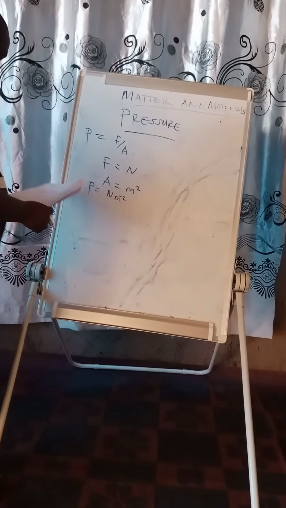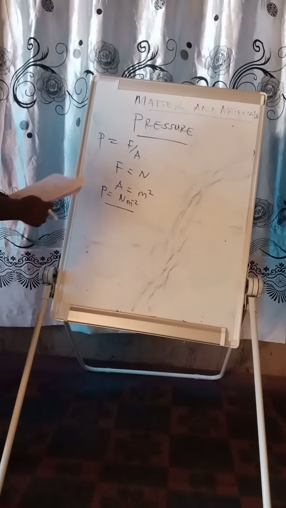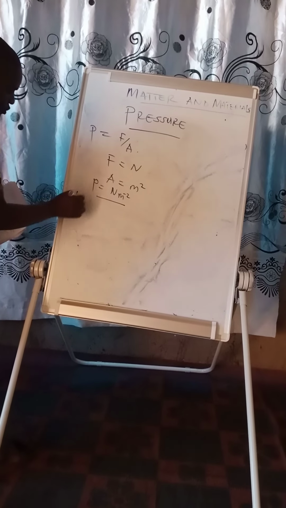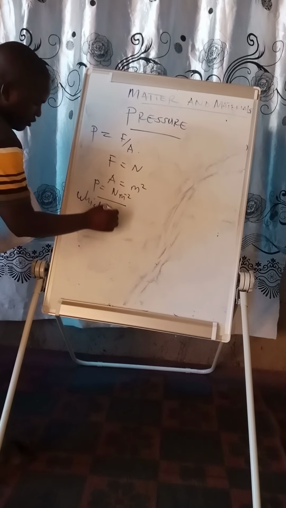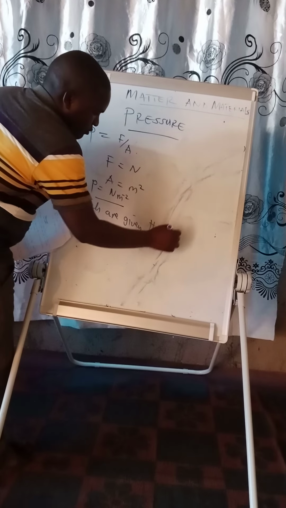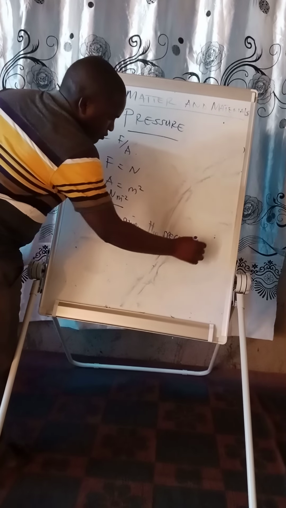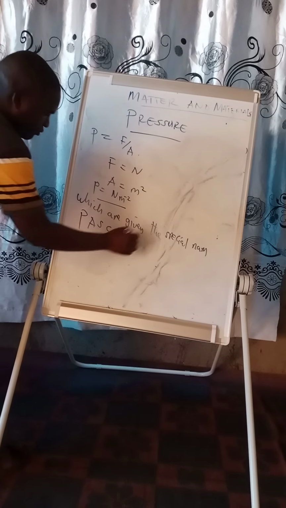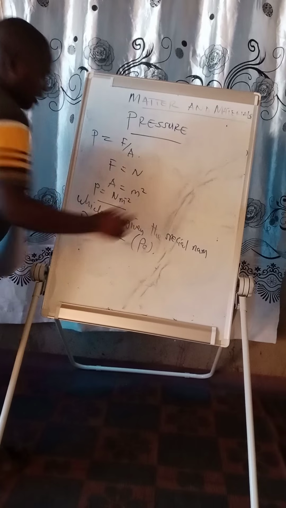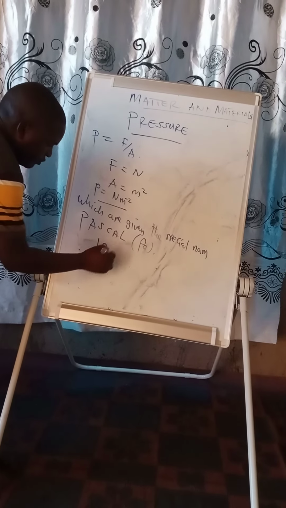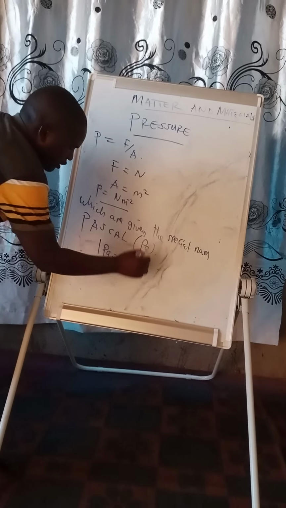Now the unit of pressure, Newton per meter square, is given the special name Pascal. So 1 Pascal is equal to 1 Newton per meter square.